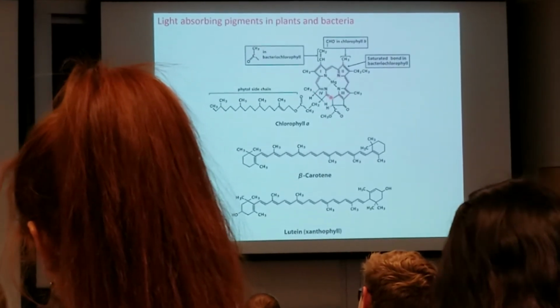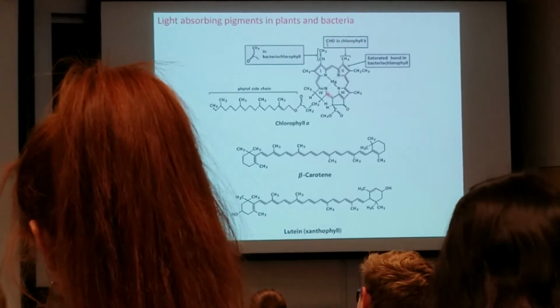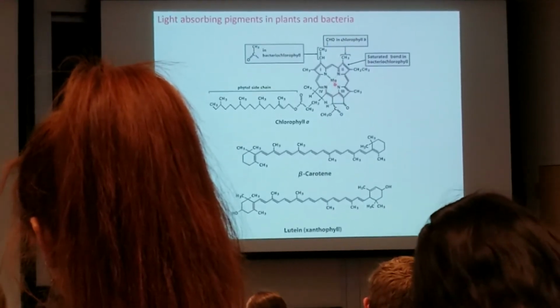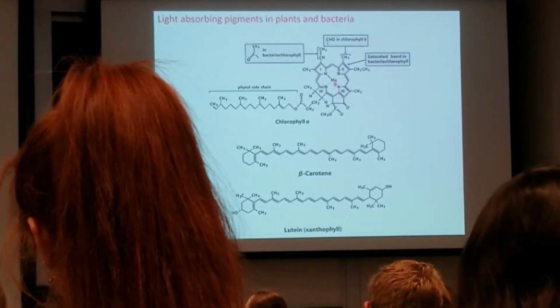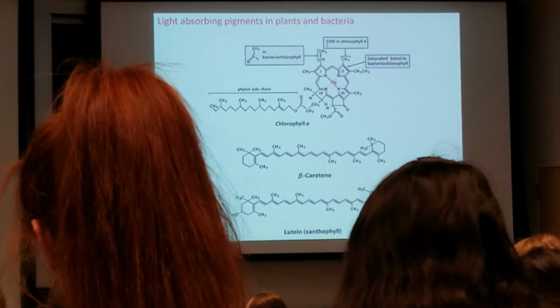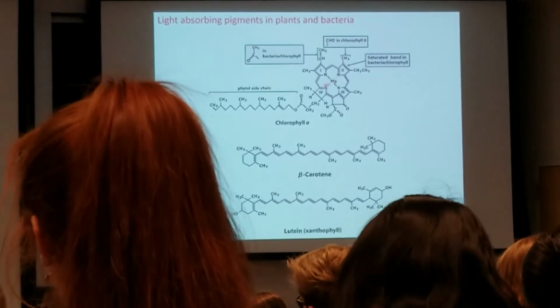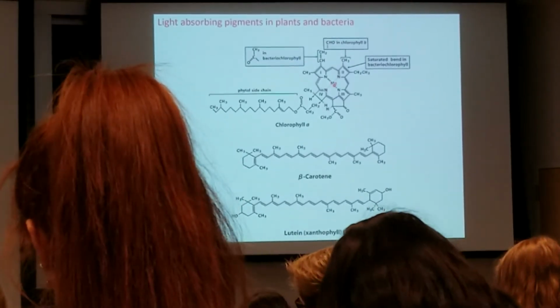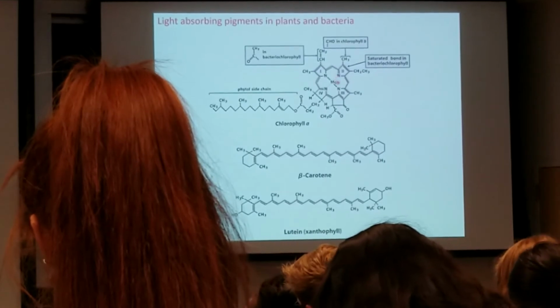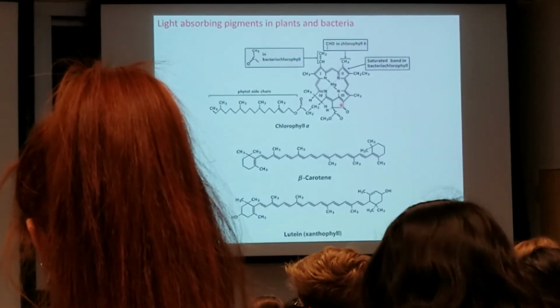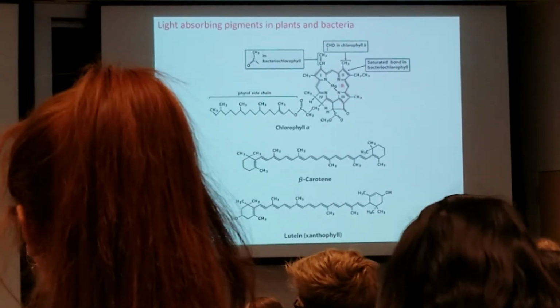It doesn't work to absorb light unless there's a magnesium with a +2 charge there. So instead of iron with a +2, like in hemes, cytochromes and hemoglobin and myoglobin, this thing needs a magnesium. Sometimes these molecules aren't chlorophyll if they don't have a magnesium, they do something else.